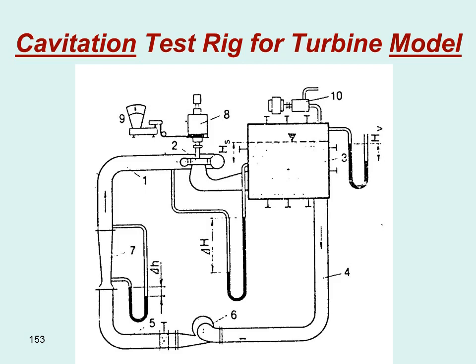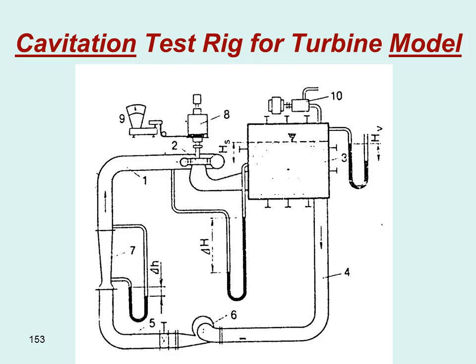Also, we can test the model for cavitation, or to work under cavitation, in order to get the cavitation coefficient. We call it sigma. We have here a closed circuit system.